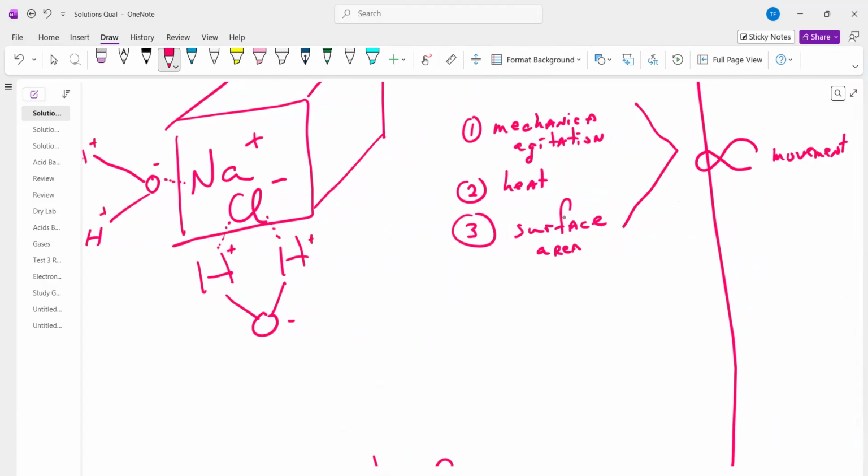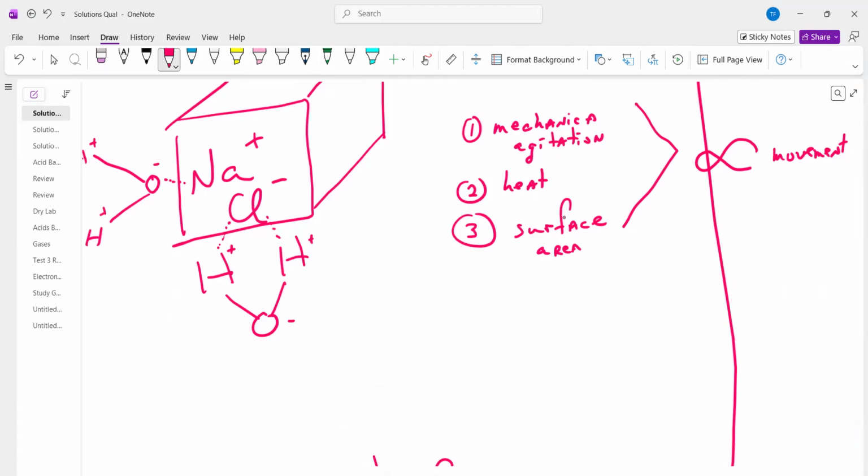So if you've got a sodium ion deep inside a crystal, that water cannot touch it until the surface is dissolved away. So by bringing that sodium ion closer to the surface, it'll happen faster. And that's what happens when we increase the surface area.